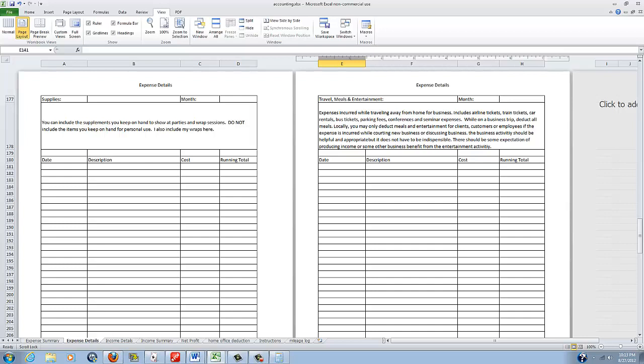That's a personal expense. If you get a bottle of Fat Fighters and you are using it for both parties and personal use, you can only deduct the part that you are using for parties. You cannot claim the whole bottle because the whole bottle is not a business expense. So we're going to put down a couple things here.